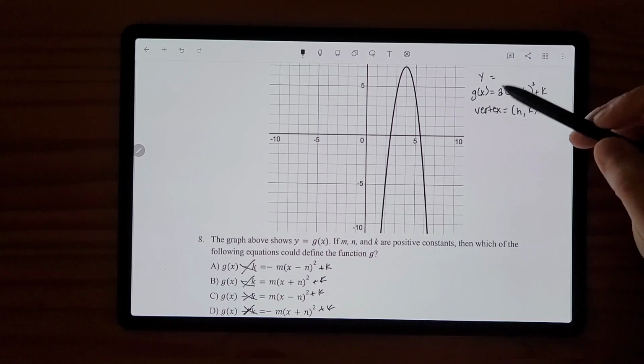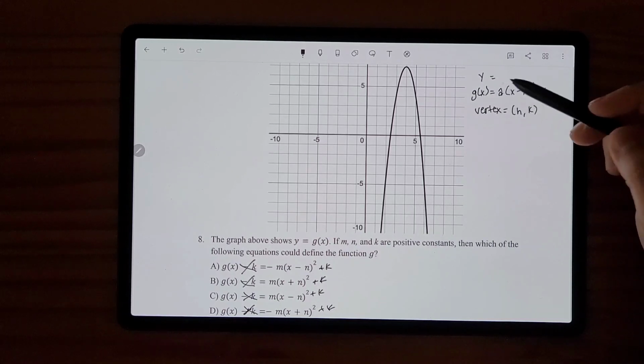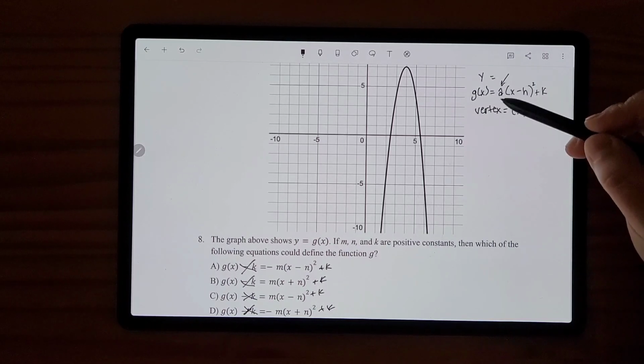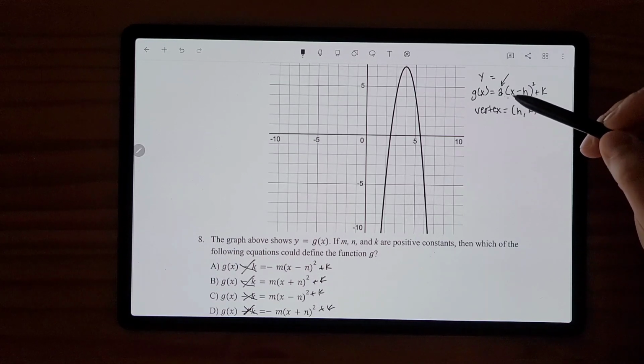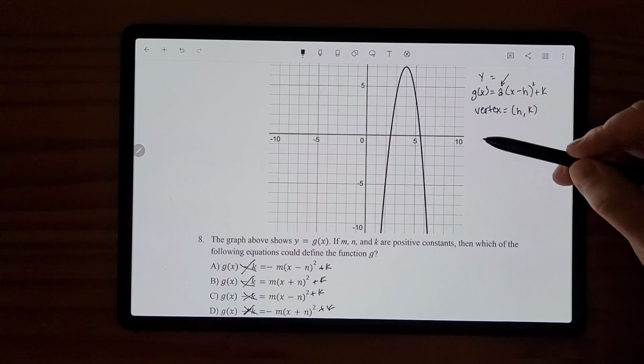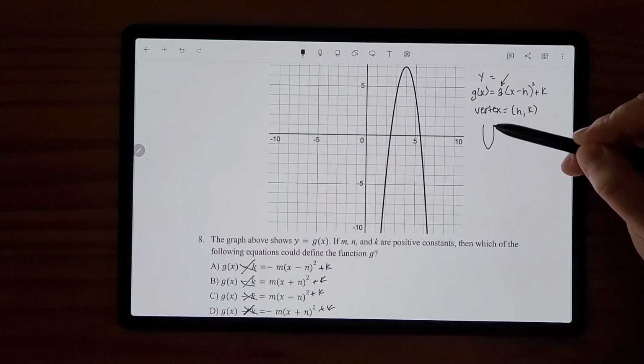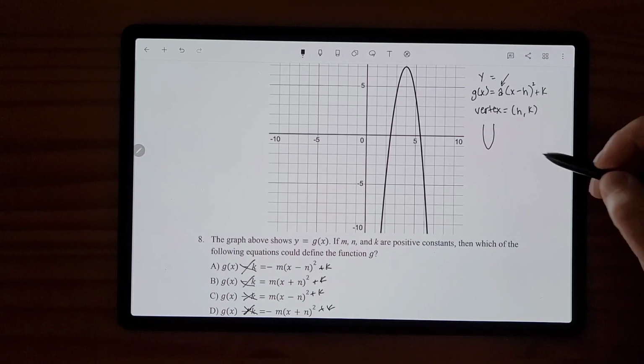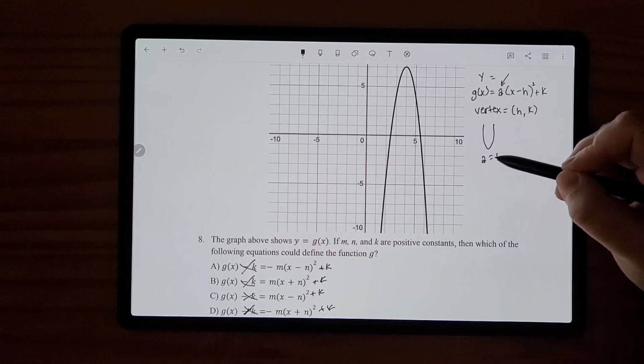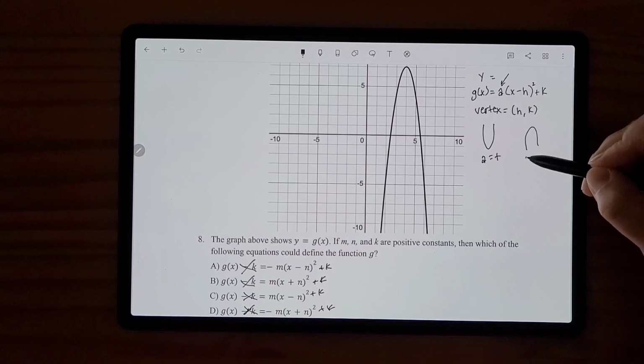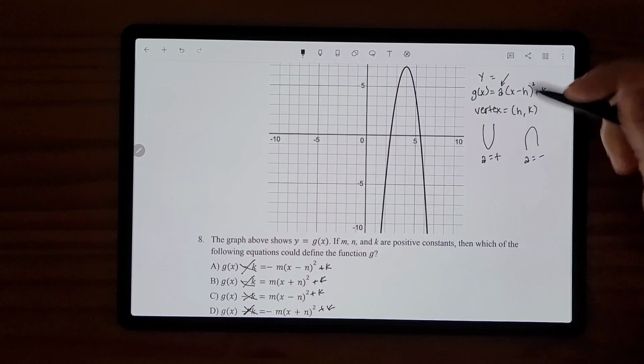Now, one characteristic that you need to know about parabolas is whatever is representing the a value out here, if a is positive, then that means that the parabola is going to go like this. It faces up. So that's if a is positive. If a is negative, then it faces downwards like we have here.